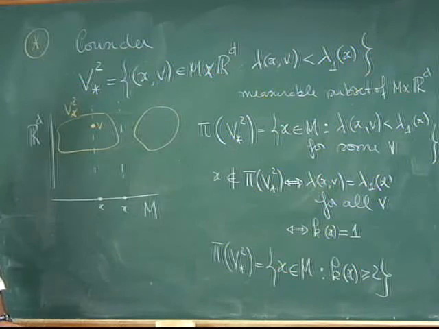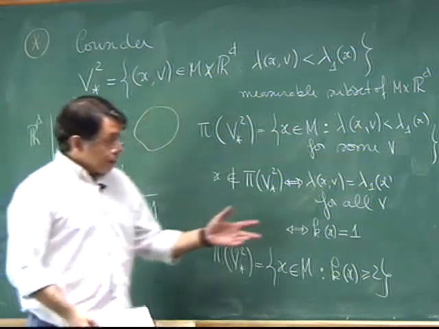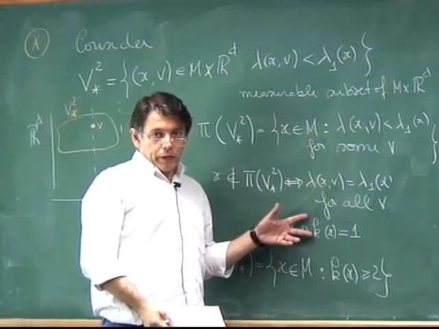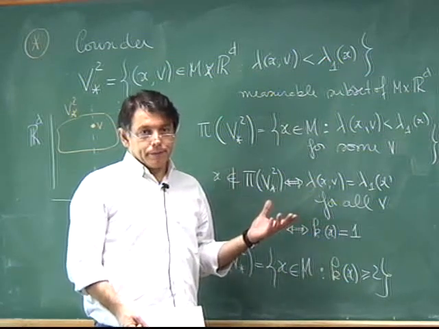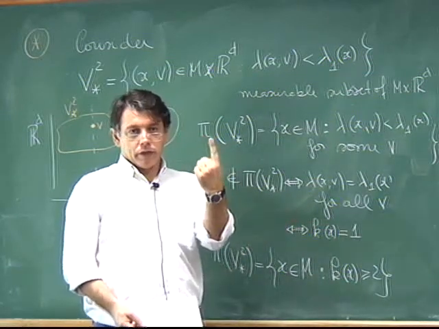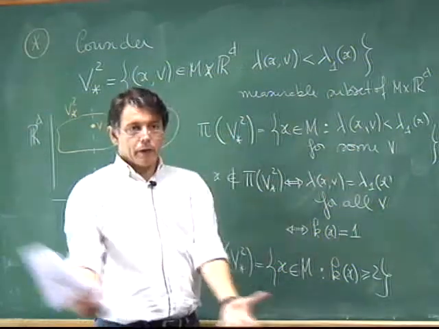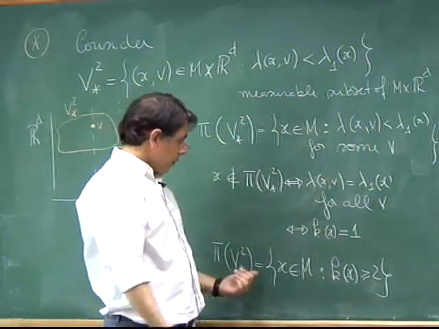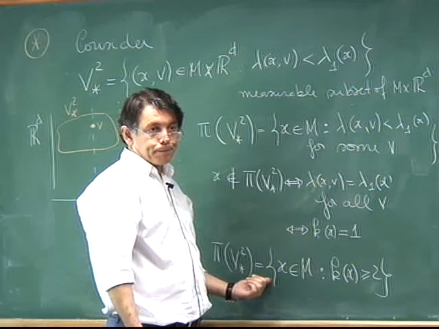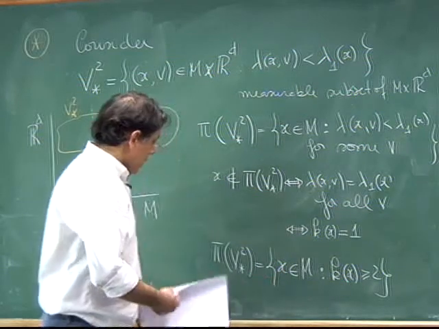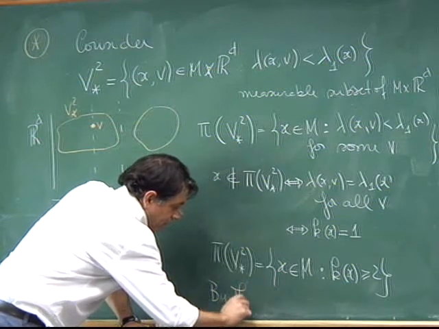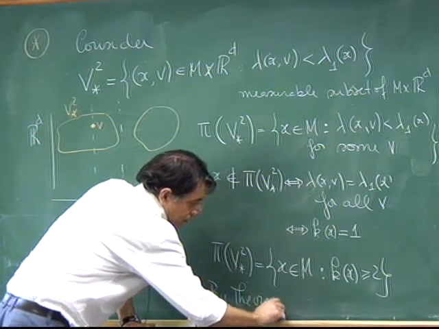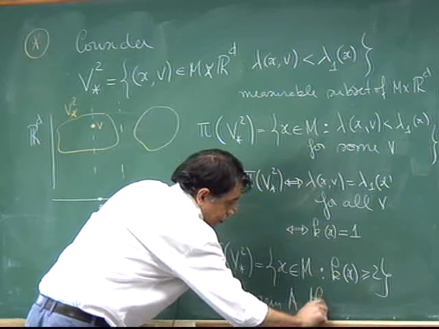For the other points, the points where k is equal to 1, I don't have to do anything. I only have one subspace, that is V1, the whole space. This is where I have to work further. And by theorem A, the projection theorem, this is a measurable set.